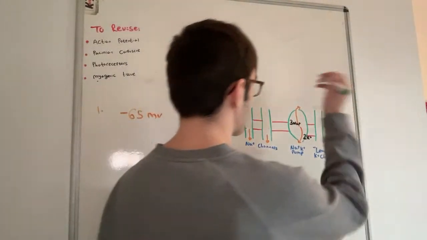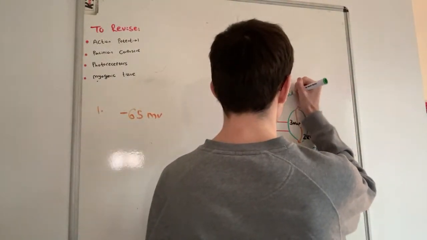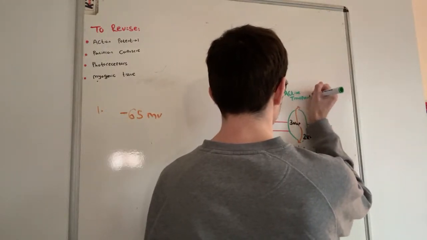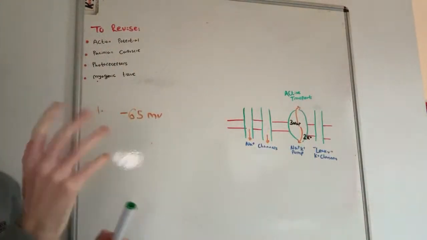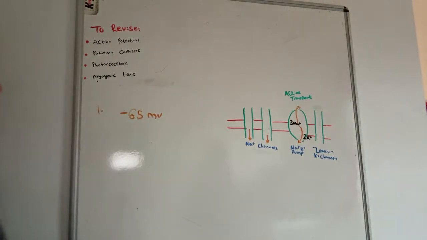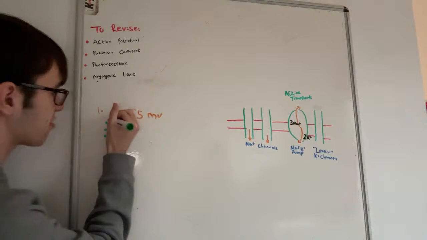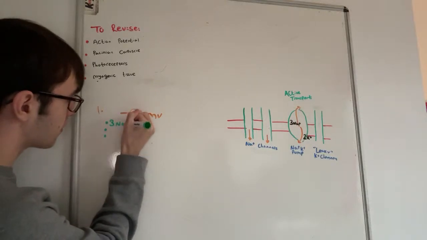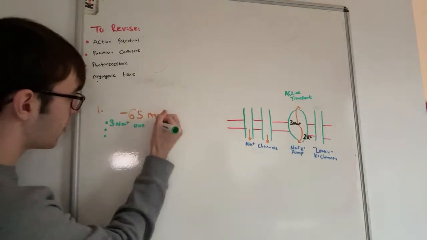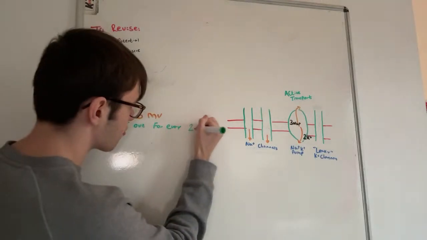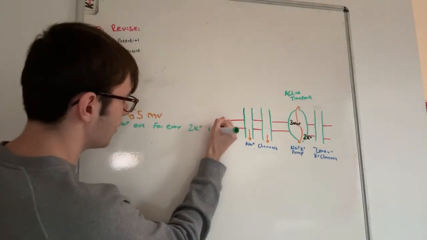Number one, obviously this is the process of active transport. Obviously that sounds simple to say, but you could easily forget that in an exam. But the main thing you need to know is it's going to be 3 Na plus out for every 2 K plus in.